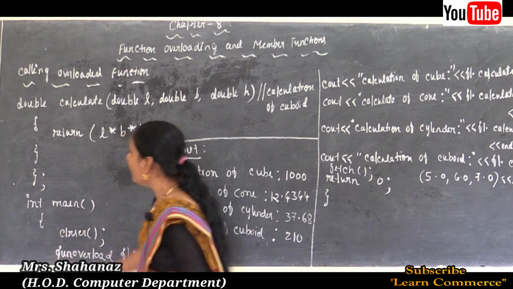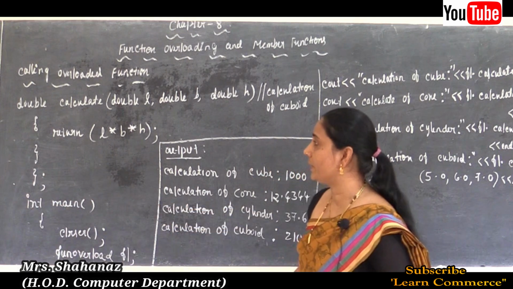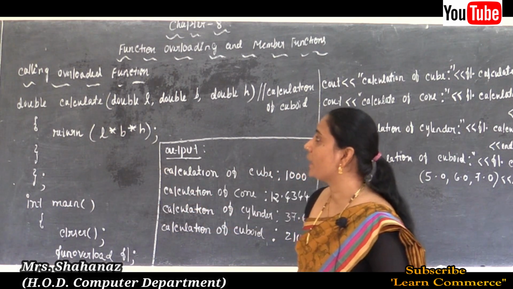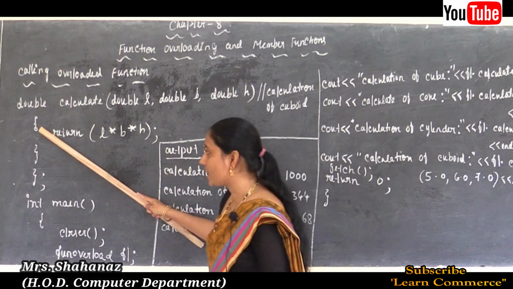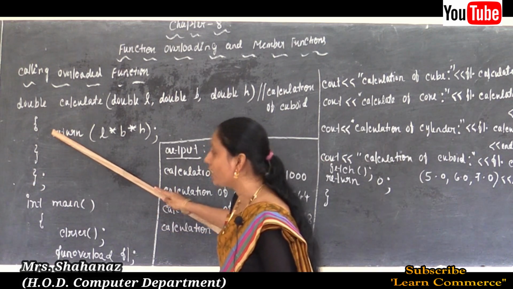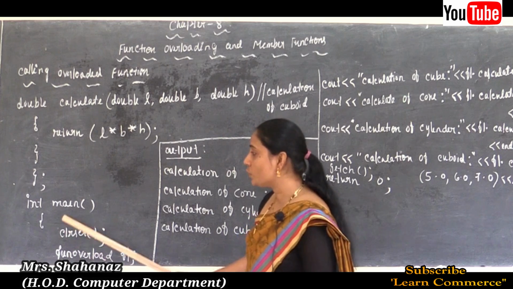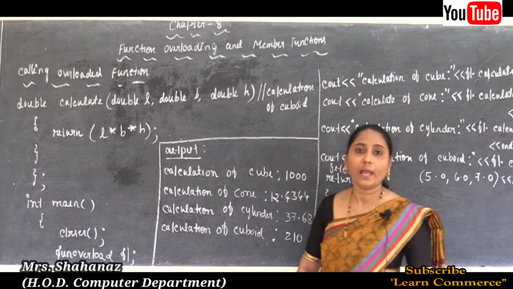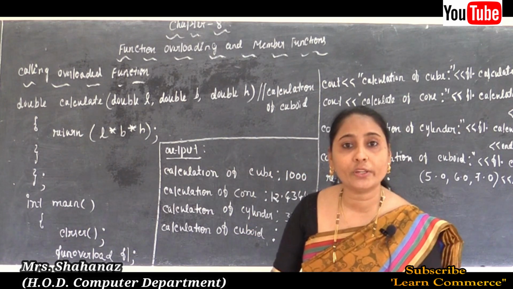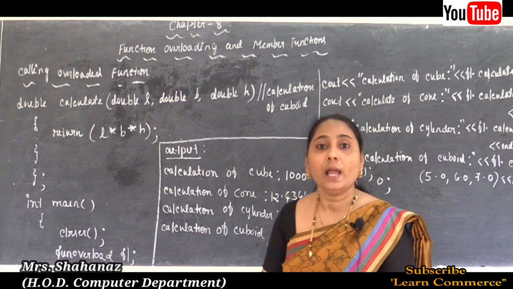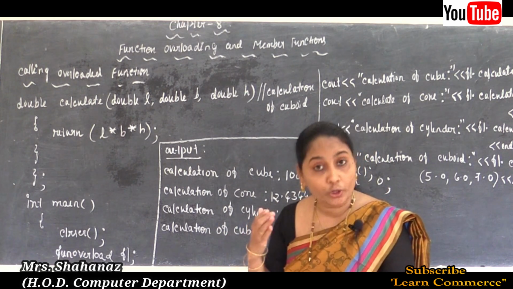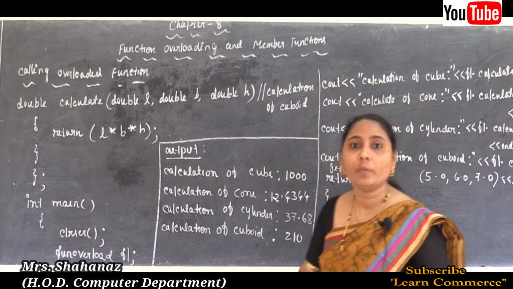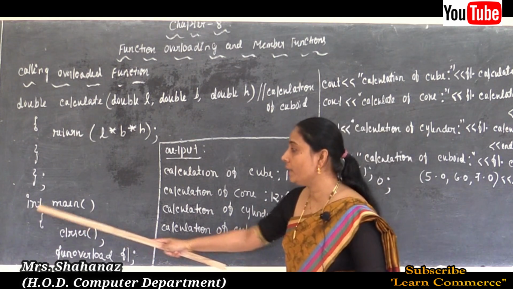We completed whatever programs and functions there are within the class definition, and next we need to make the main function. Why? Because in the main function we are going to declare the object, and that object is going to access the functions. All this work we are going to perform by using our main function.